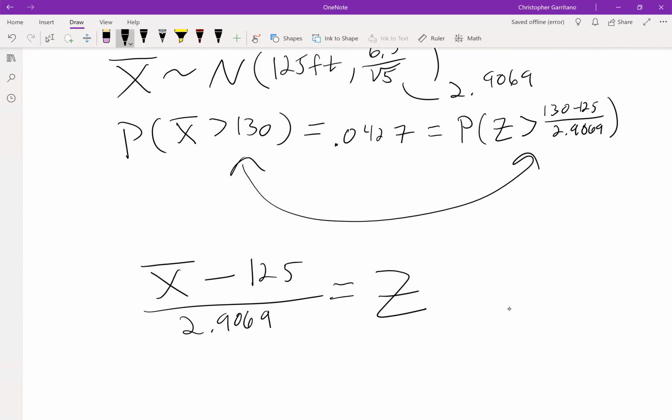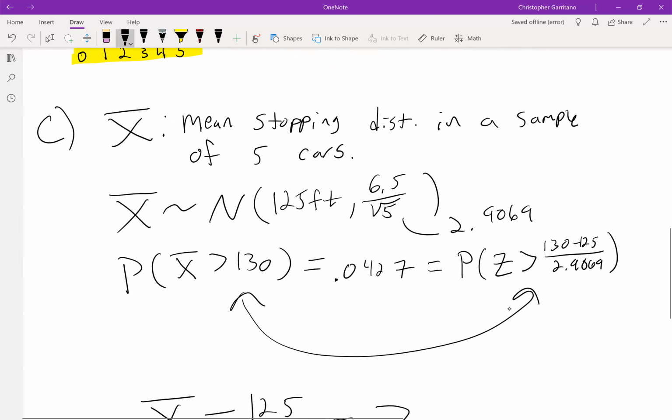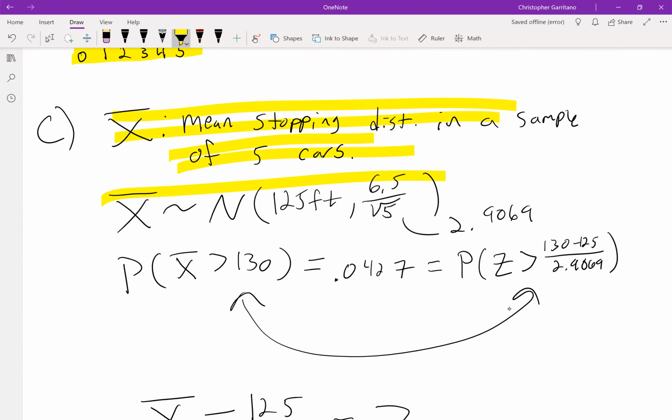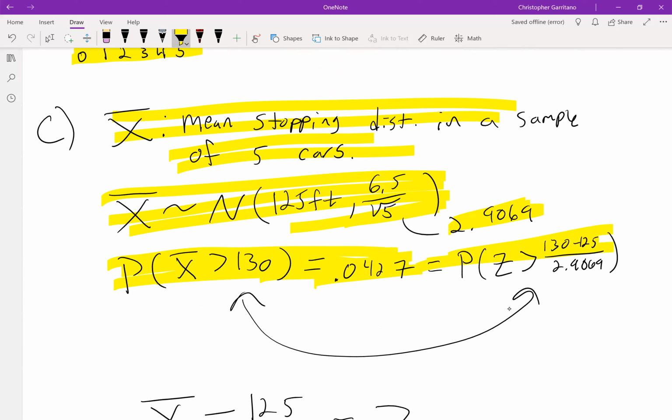And so when we transform x bar by subtracting the mean and dividing by the standard deviation, we get z. And as long as we do the same thing to the numerical value, we have probabilities that are completely identical. All right. Now, what work do you need to show? You need to show this. You need to show this. This is good too. And then a probability statement. And I don't care which one you use, z, x bar, whatever is fine.